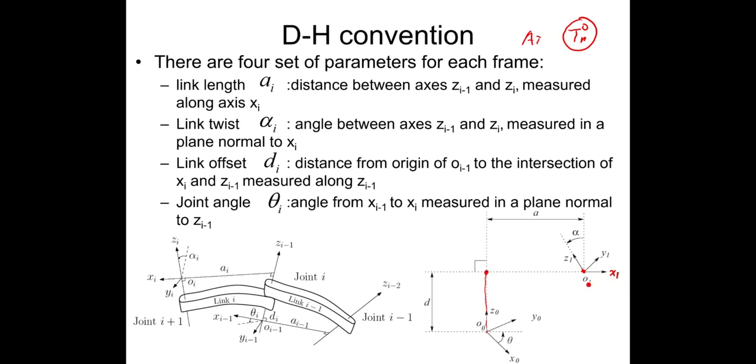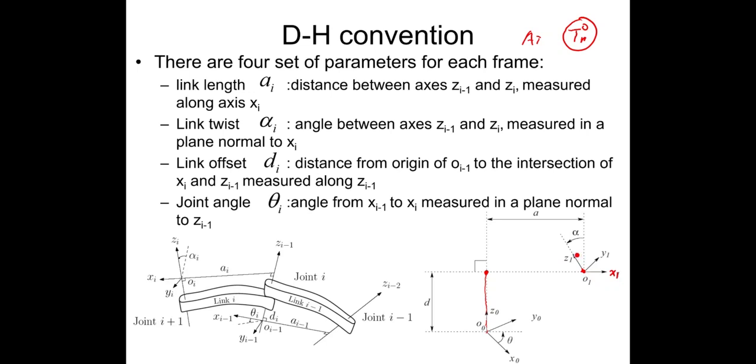Okay, and then the position of z1, this is the position of z0 on the xi axis. And this is the position which is the origin of the z1, and that is on the x1 axis, because z1 is perpendicular to x1.